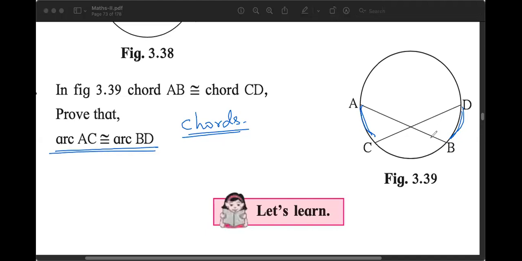If AB is congruent to CD, उसका मतलब है from here, arc ACB, AB पे जो आर्क बना, आर्क ACB will be congruent to आर्क, बताओ तुम कौन सा, CD पे कौन सा आर्क बनेगा?